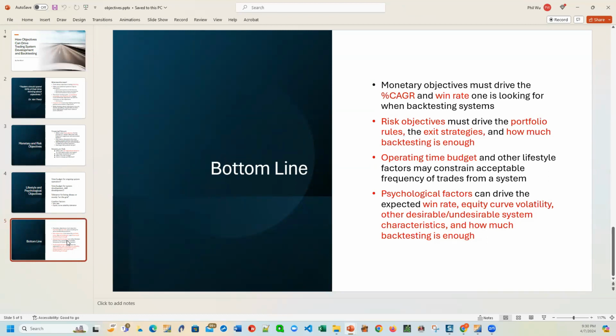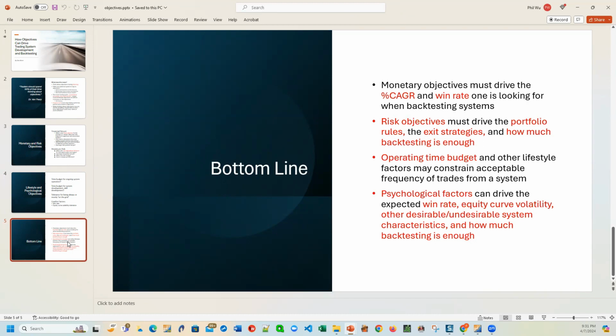How much time you budgeted. Some of these backtest results may end up showing that they were predicated on making hundreds of trades a year. Can you handle that frequency? The type of signal or setup that it's looking for, is that something you can automate so you just get an alert, or does it mean you've got to look at long watch lists of many stocks?